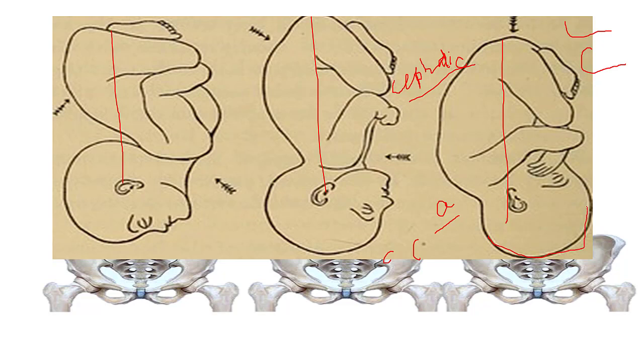But on vaginal examination or on ultrasound, you can tell exactly the point which is coming into the maternal pelvis. Normally the vertex, which is the area between the anterior fontanelle and the posterior fontanelle, should come first into the maternal pelvis. And on vaginal examination with fingers, you should feel the occiput of the fetus. Then it will be a normal presentation.